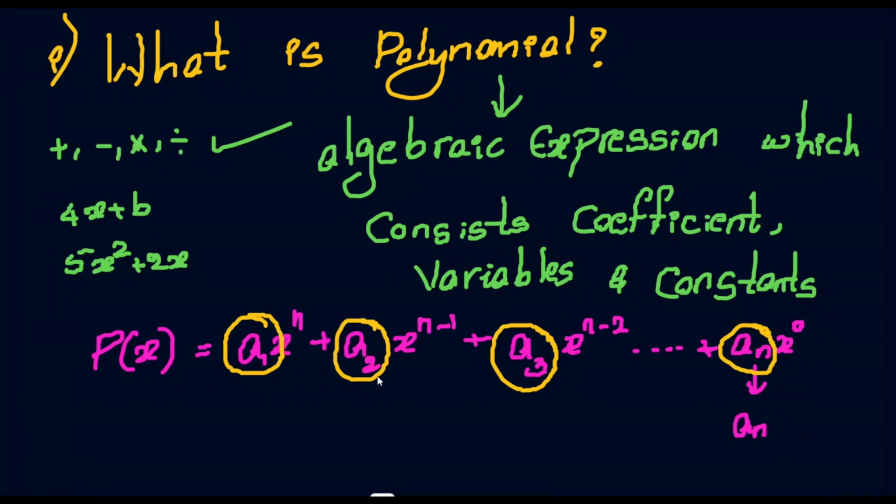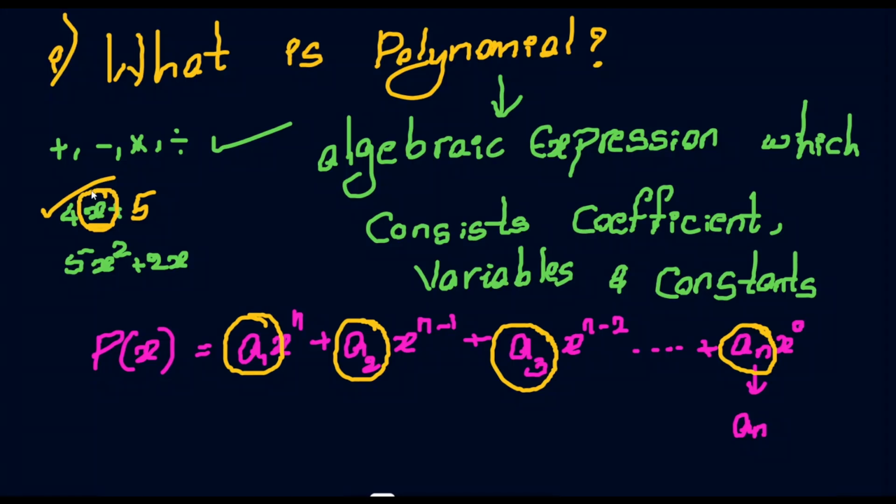And now what is a variable? Let's say this is a polynomial, 4x plus 5. Here we clearly know what is the value of 4 and what is 5, right? And the plus symbol is nothing but addition. We all know everything except this x.